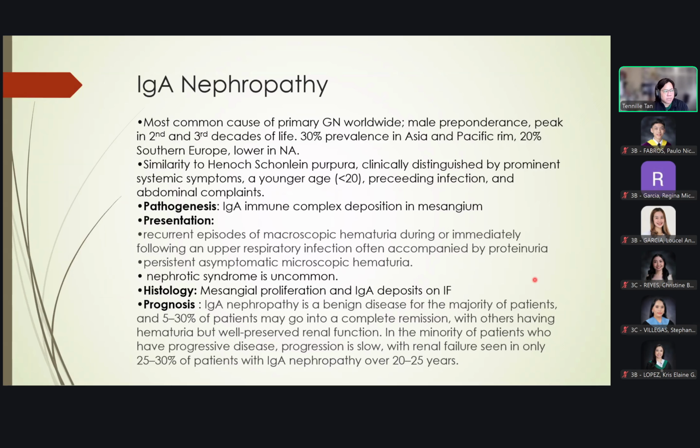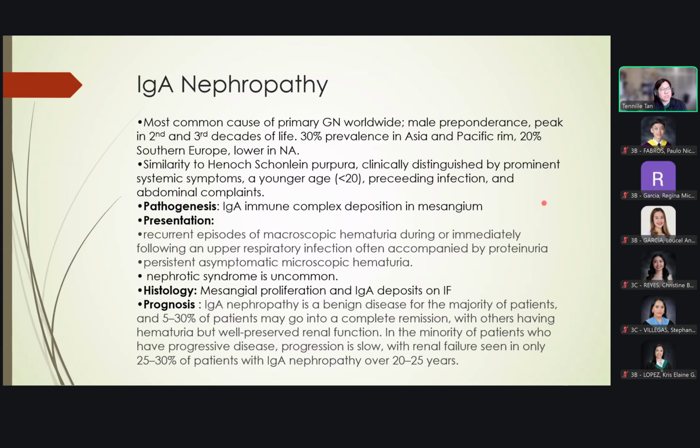and abdominal complaints. So the pathogenesis of IgA nephropathy is your IgA immune complex deposition in the mesangium. The typical or classical presentation is recurrent episodes of macroscopic hematuria during or immediately following an upper respiratory infection, often accompanied by proteinuria.